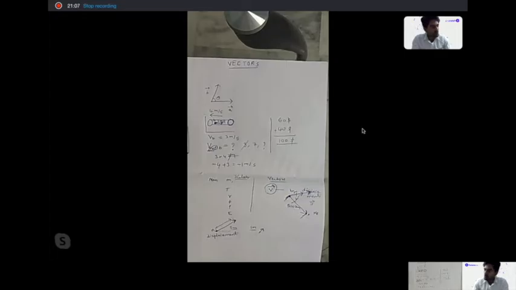Suppose I go from a point which is here. Let's say this is the east direction. Suppose I travel a distance of 4 meters east and a distance of 3 meters north.